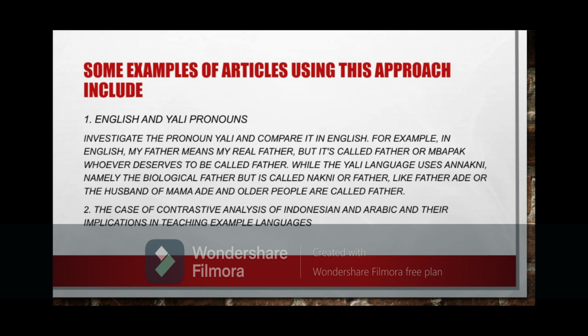The second, the case of contrastive analysis of Indonesian and Arabic and its implication in teaching Arabic as a foreign language.